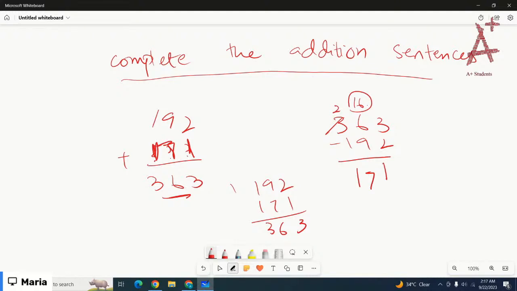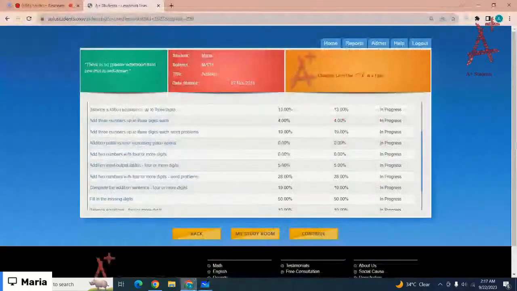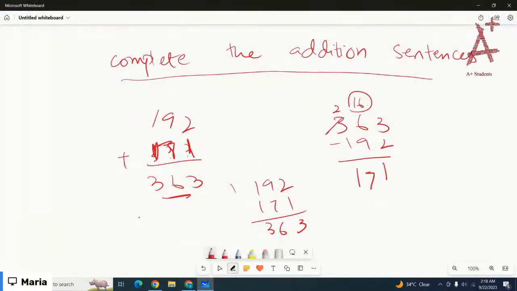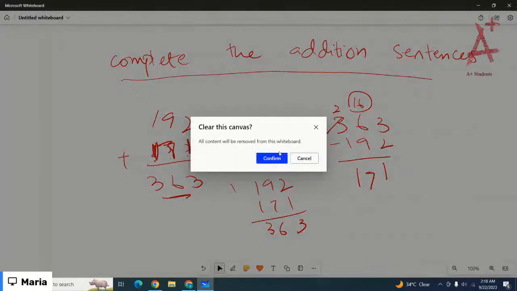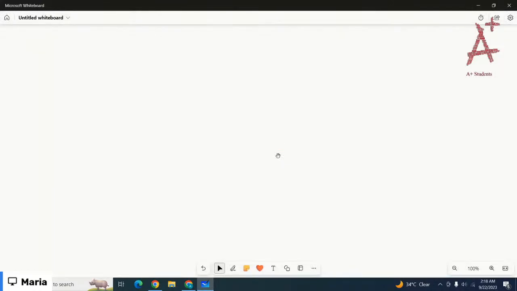Okay, let's just do another example. Okay, the next example is, you have a 4-digit number.